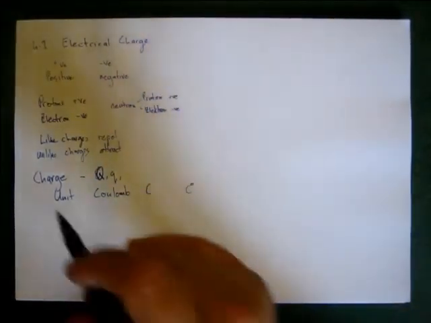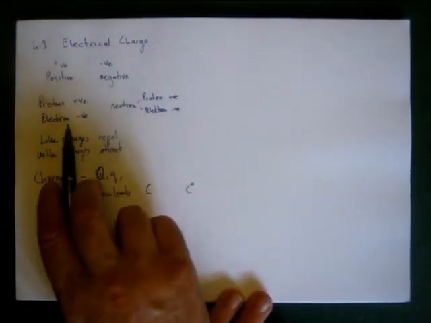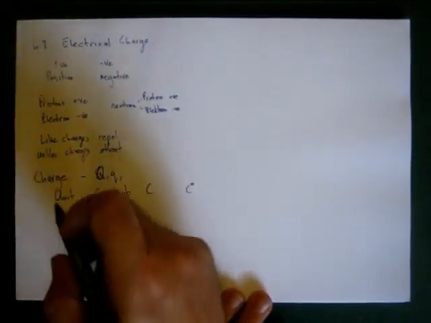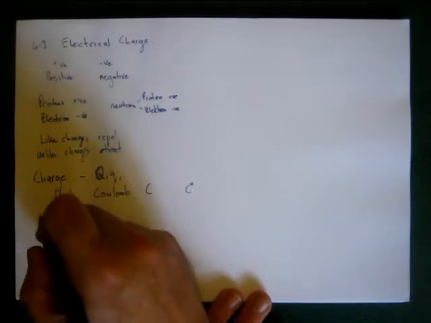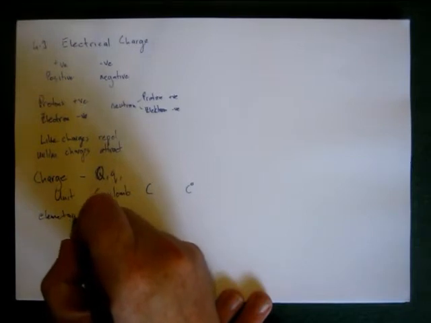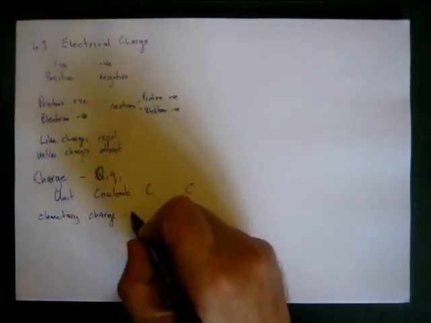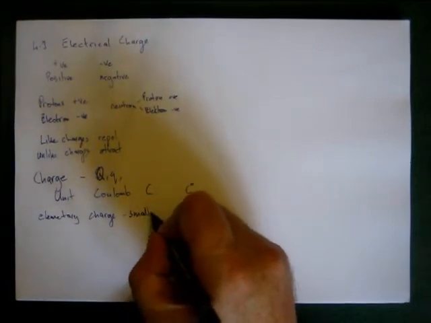What we know is that with protons and electrons, there's what we call an elementary charge. The elementary charge is the smallest amount of charge you can have.